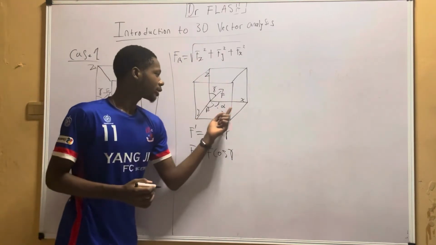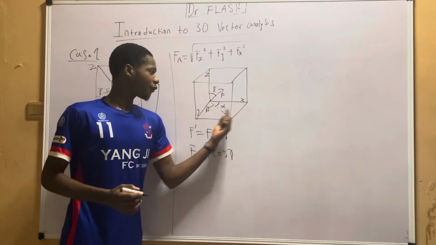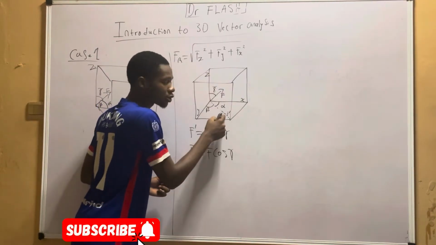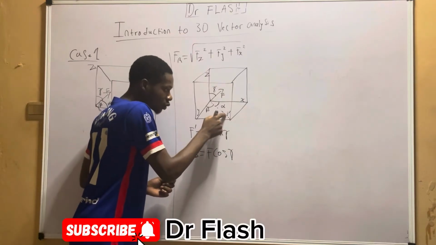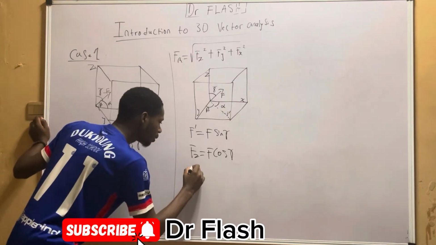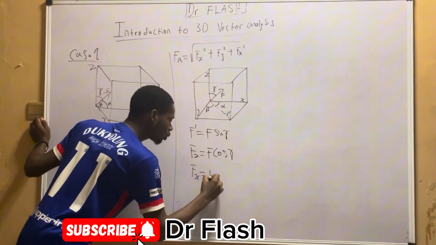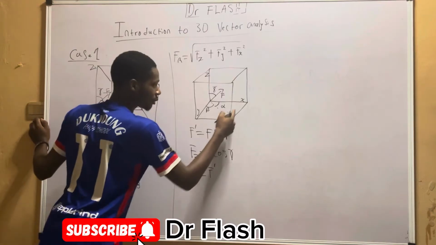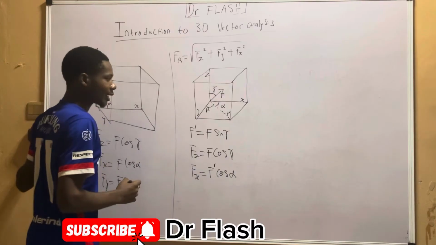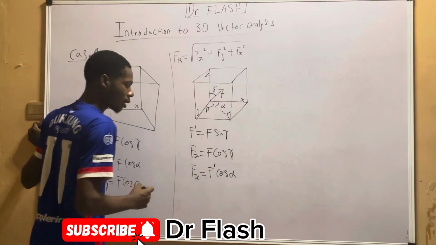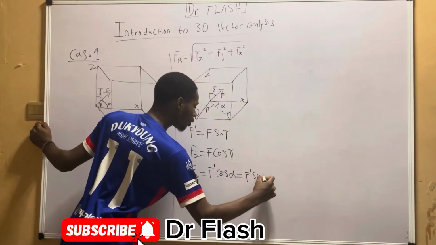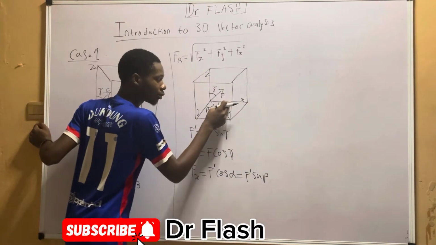Now, how am I going to get F of x and F of y? To get F of x and F of y, note that F prime is the one lying on this plane, because we have resolved this one into this plane. The next thing I'm going to do is resolve this one into the x and also the y components. To do that, we're going to get F of x equal to F prime cosine of alpha, or we could as well write it as F prime sine of beta, because we're either closing this angle or opening this angle.